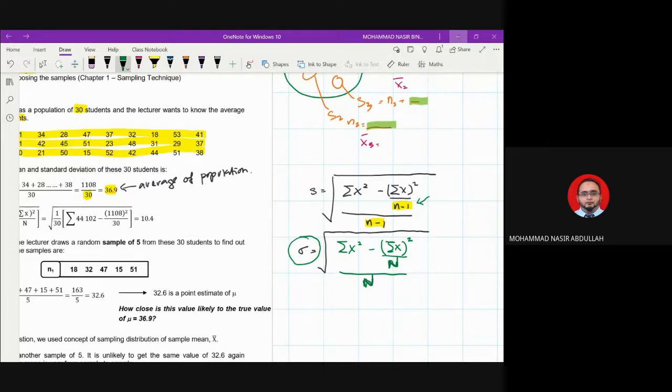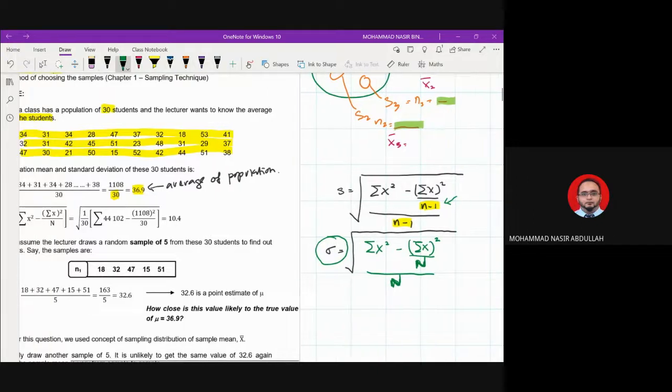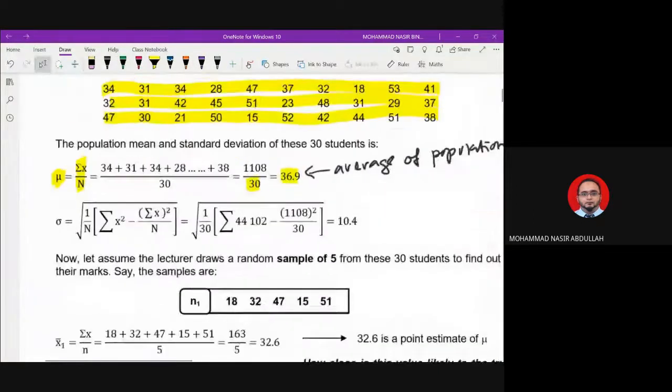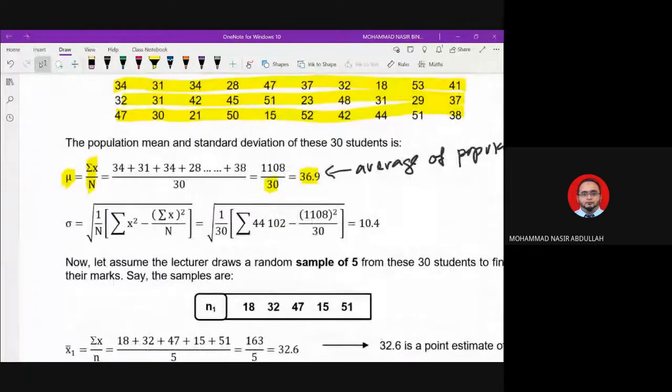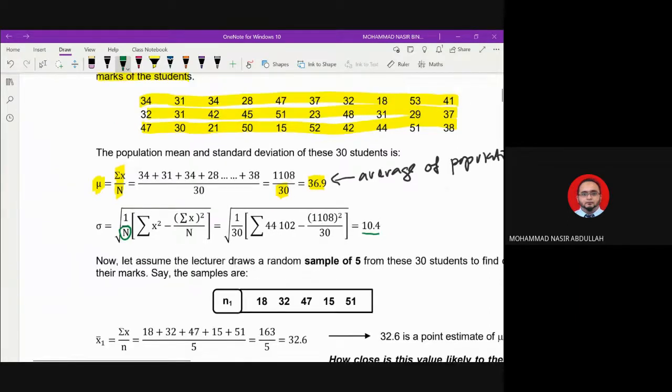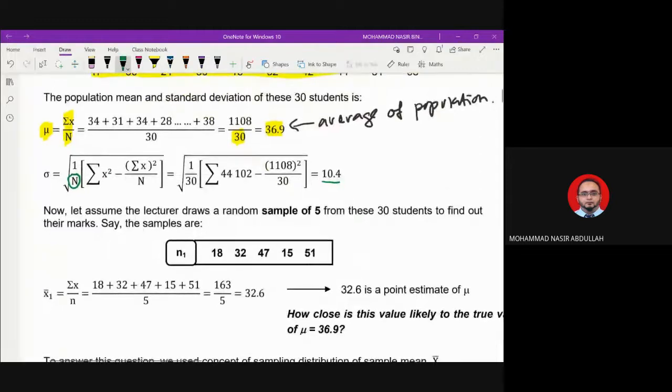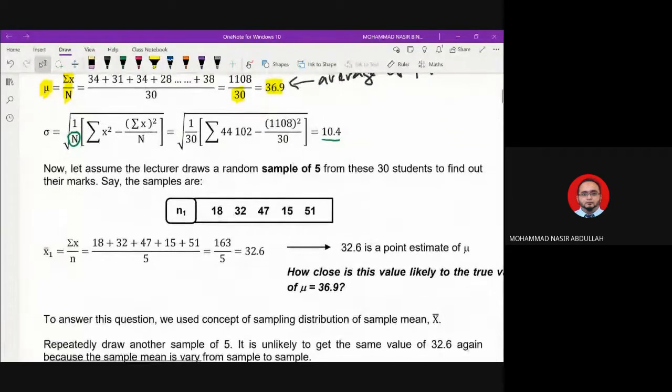If you look at the example given, it is divided by capital N, so we will get 10.4 marks standard deviation. So let's assume the lecturer draws a random sample of 5.